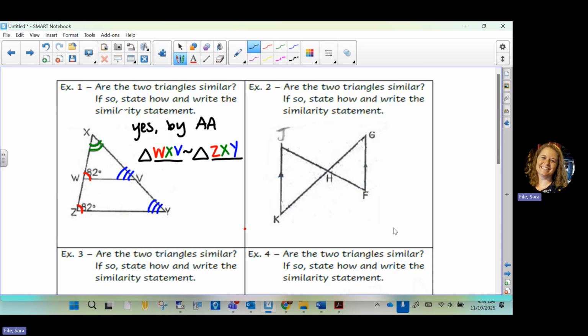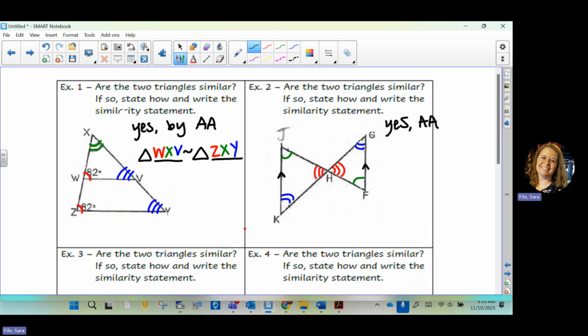Okay, number 2, we've got the parallel markings on here. So I know alternate interior angles are congruent. I also know vertical angles are congruent, right? So I can say yes without knowing any side length because of angle, angle. Yes, these are similar triangles by the angle, angle similarity theorem.